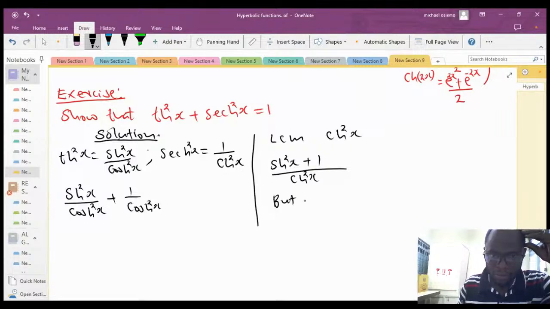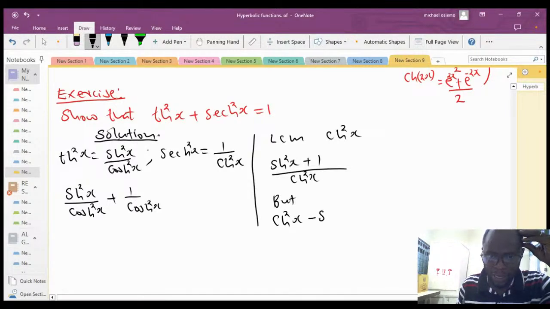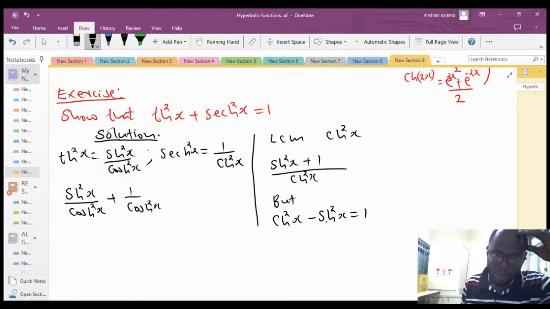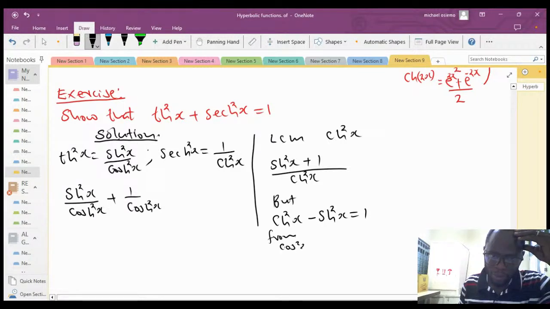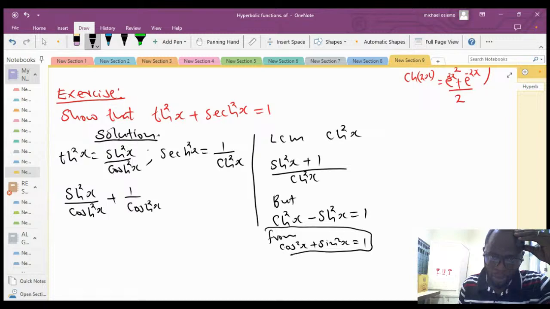But we know that ch squared of x minus sine hyperbolic squared of x is equal to 1. This is from the identity cos squared of x plus sine squared of x is equal to 1. So it is from this one that we are transforming to get that.